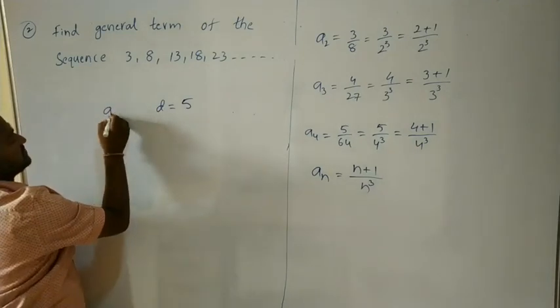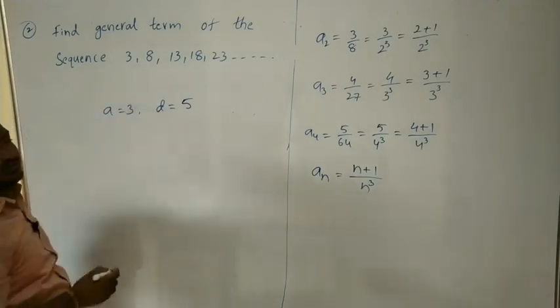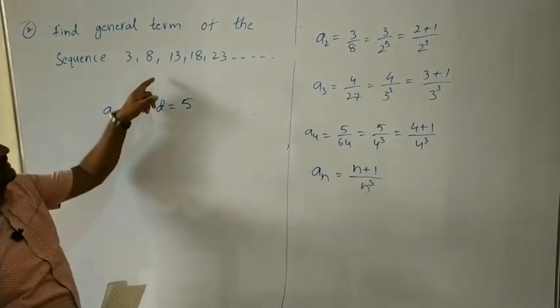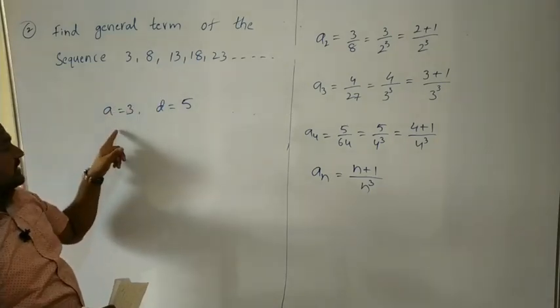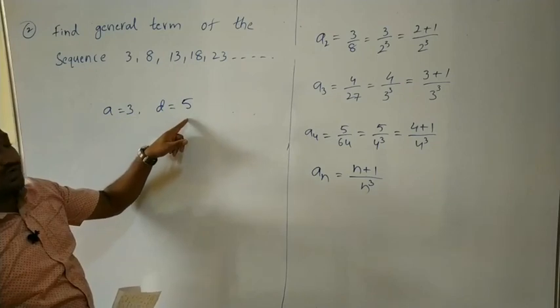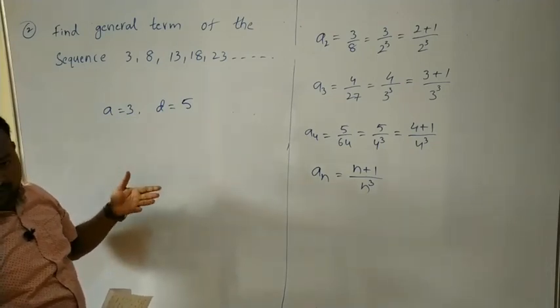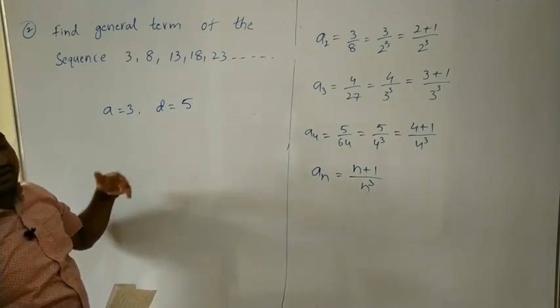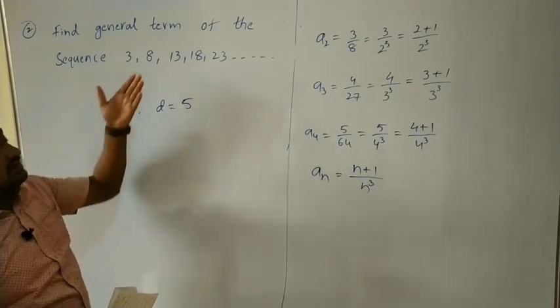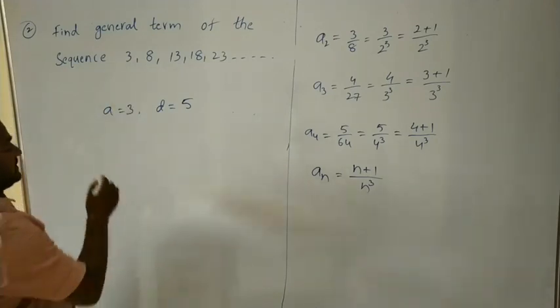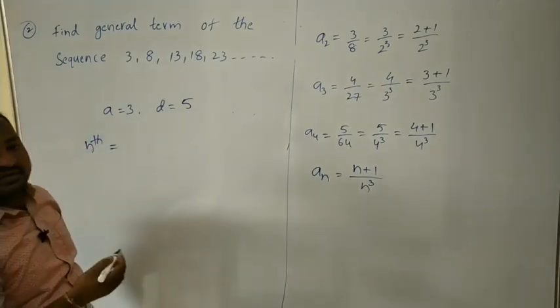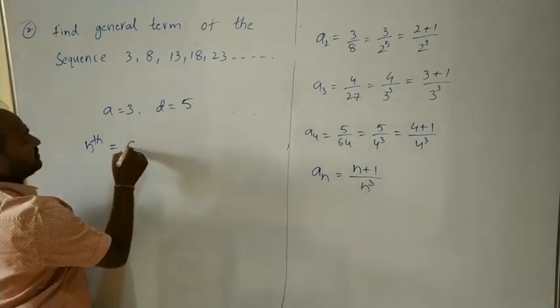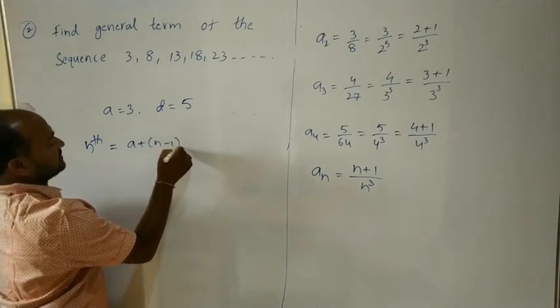And also we have the first term a is equal to 3. So the given sequence is an arithmetic sequence with a equal to 3 and d equal to 5. Already we know that the nth term of an arithmetic sequence is a plus n minus 1 into d.